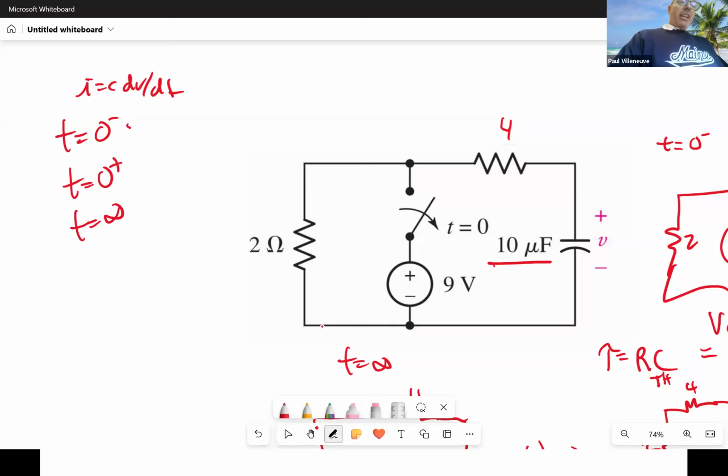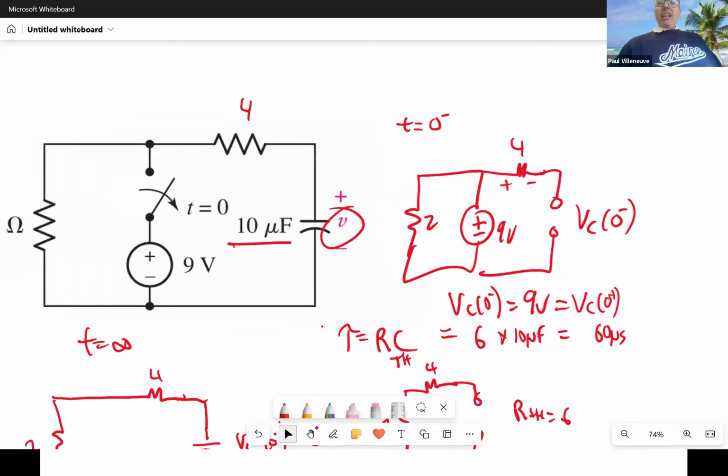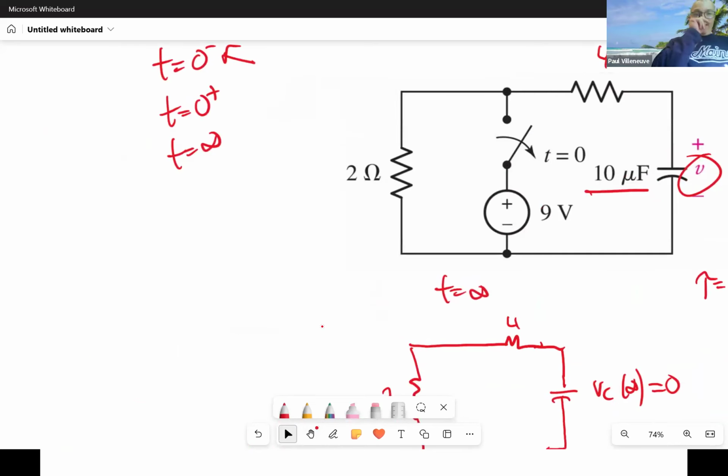The reason why I need the 0 minus is because I've got to figure out what that initial voltage is on that capacitor, right? I need to figure out that circuit. So I still have to do this part over here. Then I've got, and I don't care about the current.